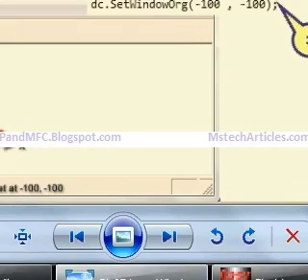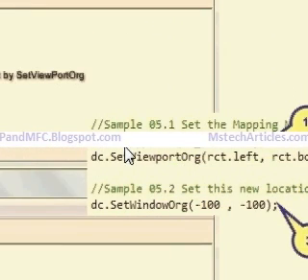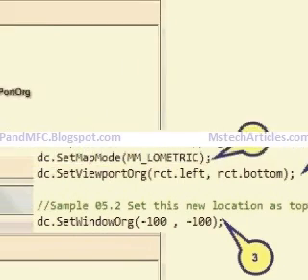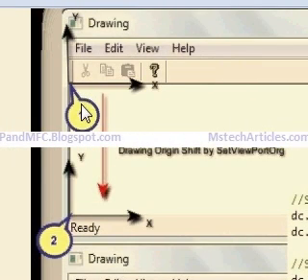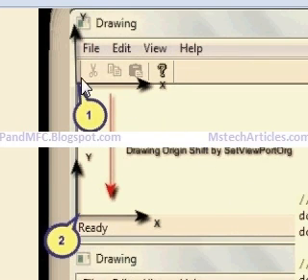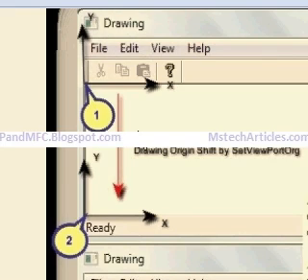This can be explained using this picture very easily. You saw that dc.SetMapMode is low metric. In the first step, the origin is at the top left corner, which is the default. The viewport origin is here.